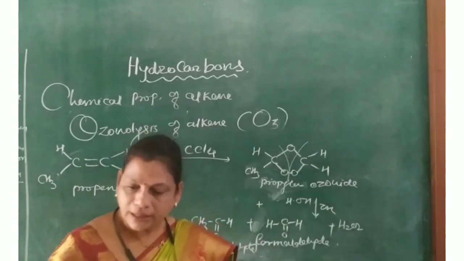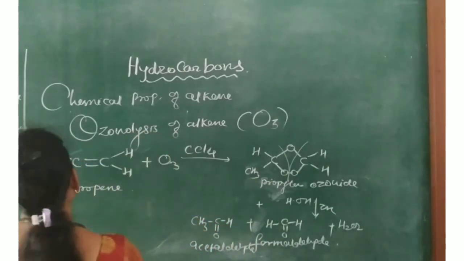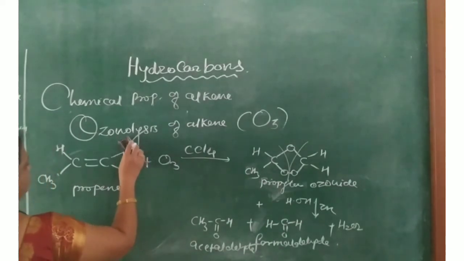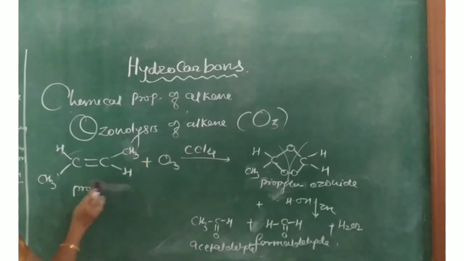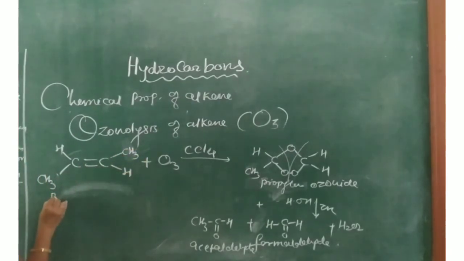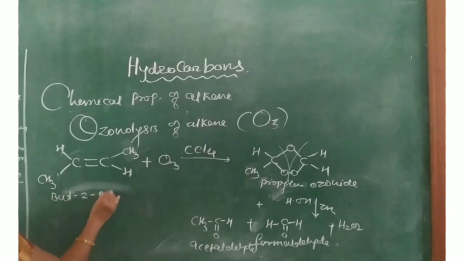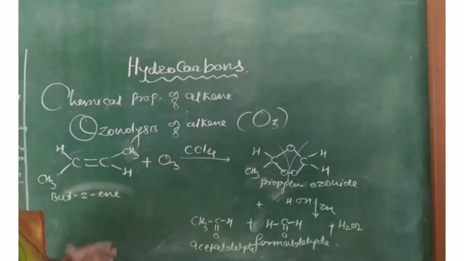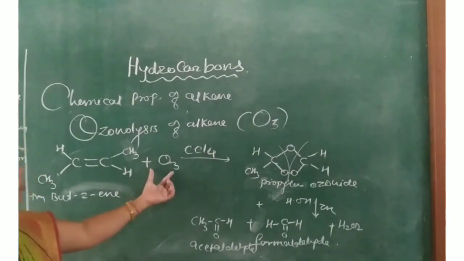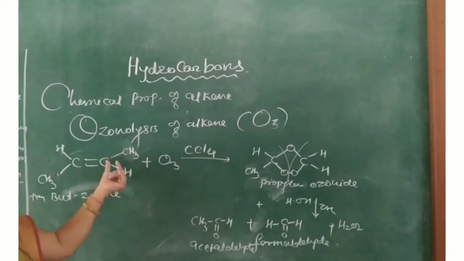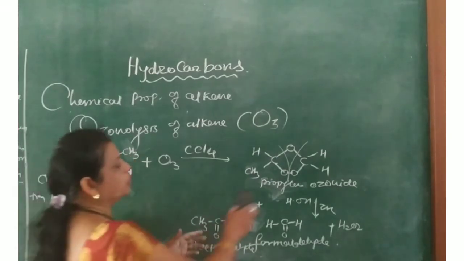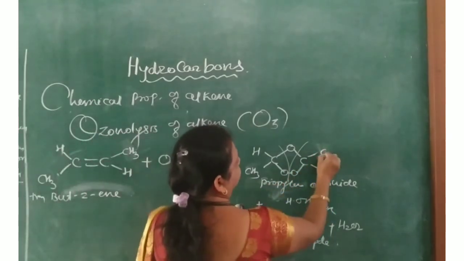Next one, if we consider this: CH3, this is but-2-ene, the trans form, so it can be written as trans-but-2-ene. Again on ozonolysis, the change is that the carbons are each bonded to a CH3.